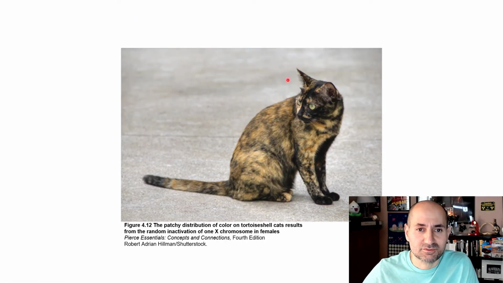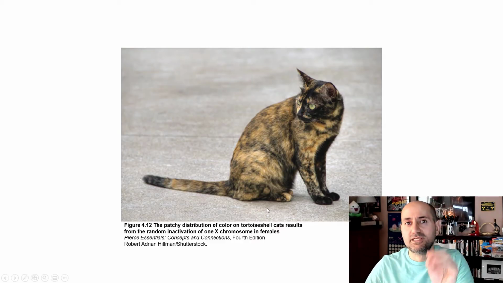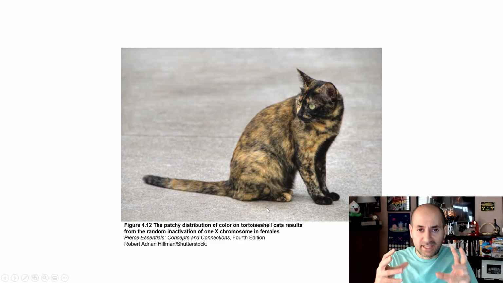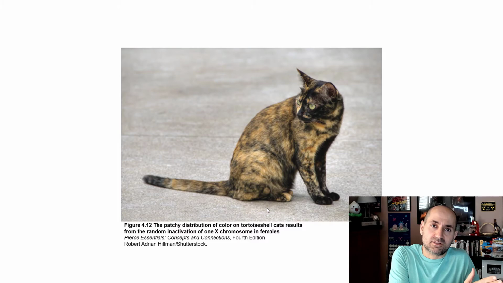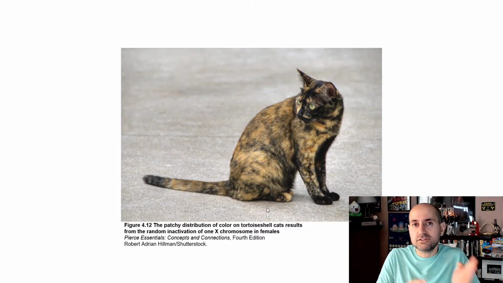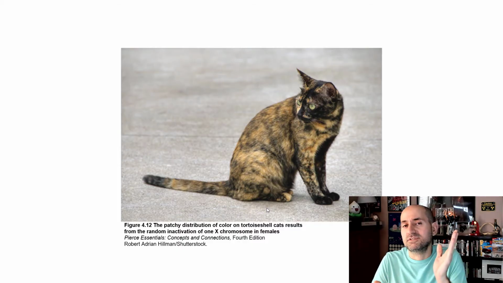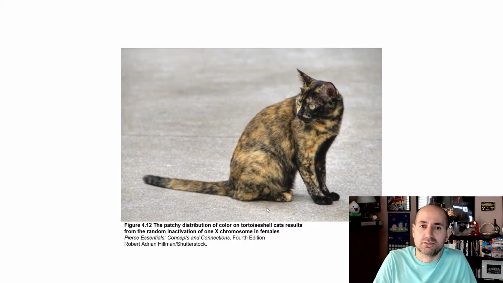This actually explains the patchy distribution of color on tortoiseshell cats. This is due to random X inactivation. What does that mean? That means in the cat's body, certain cells have inactivated one X chromosome, which leads to one coat color, and other cells in the cat have activated the other X chromosome, which leads to a different coat color.